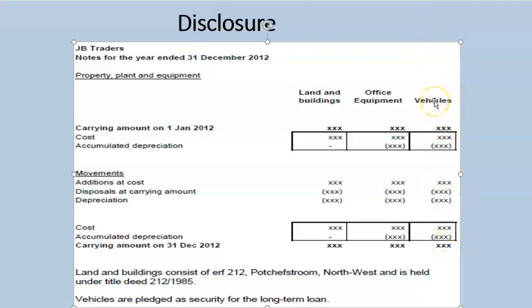So if I have something like a truck with a horse and a trailer, because both of them are still equal to my class vehicles, I work out the calculations separately, but in my IAS 16 note, I will show that calculation together. That is quite important that you know that.